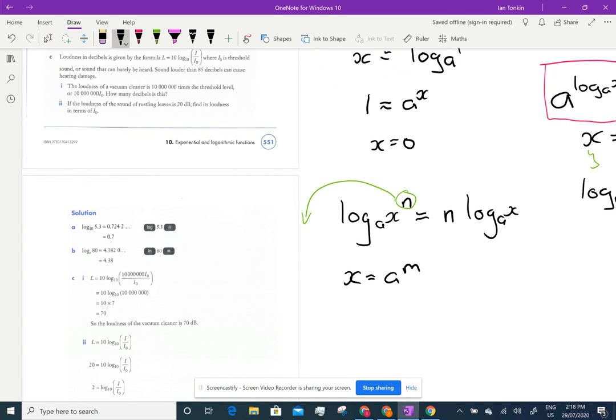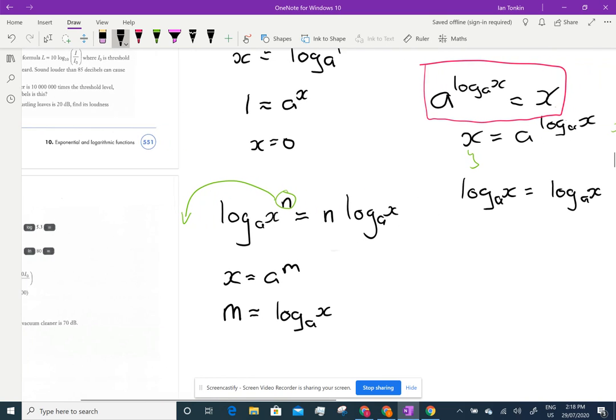Therefore, m equals log a to the x. Right? And I can say that x can be represented by any number, a particular number to a power. It can. So if I then go, x to the n, well, that equals a m to the n. And we know by our index laws that we multiply those and we get a to the mn.